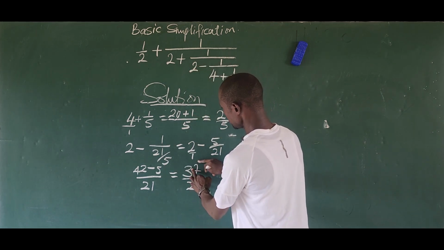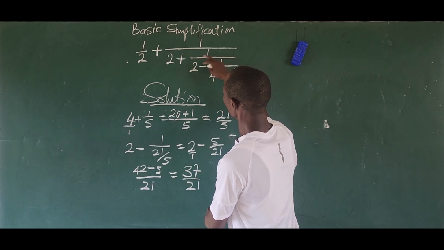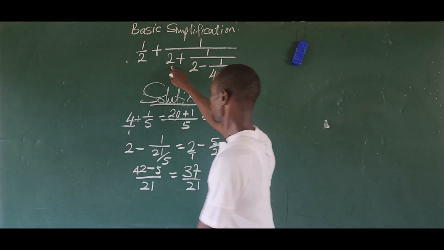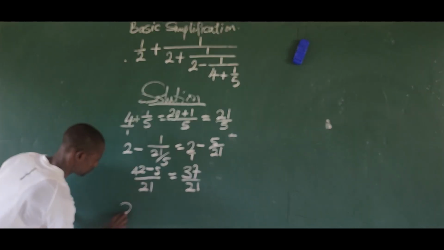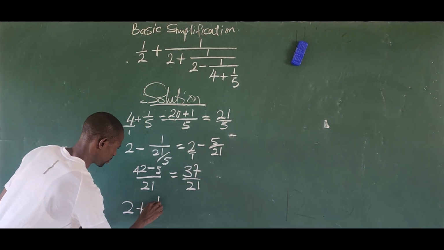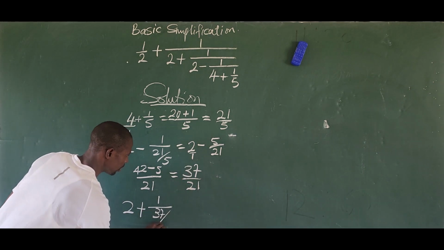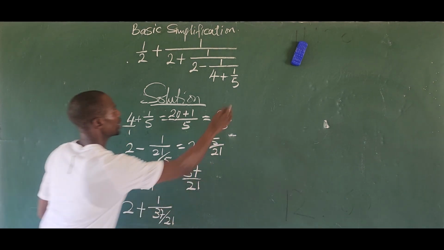So we bring this 37 all over 21 under the whole of this. Then we bring this here now. So this is going to give us our 2 plus, we are taking this one now, 1 all over 37 all over 21. So let's continue here.